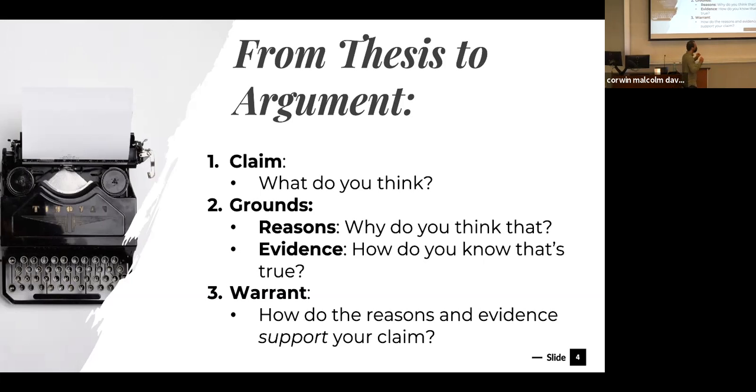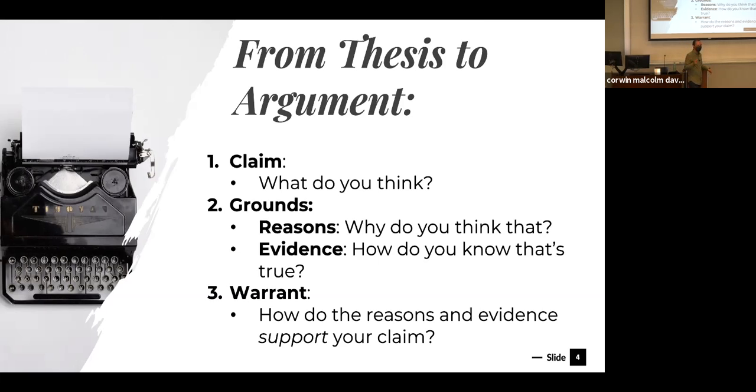Oftentimes in papers, there's one or the other. We have a very strong argument. We think something really good and it really should be said, but we don't use sufficient evidence to back it up. So even though it should be convincing, the reader is not convinced because we have not given them enough evidence. Or on the other side, we have a lot of evidence.